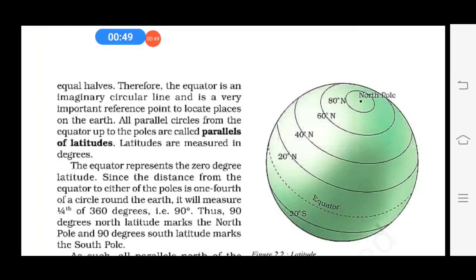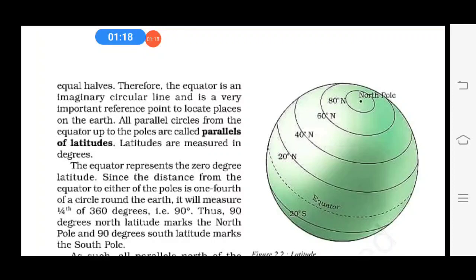Latitudes are measured in degrees. The equator represents the 0 degree latitude. The distance from the equator to either of the poles is 1/4 of a circle around the earth. Listen very carefully. It will measure 1/4 of the 360 degree.